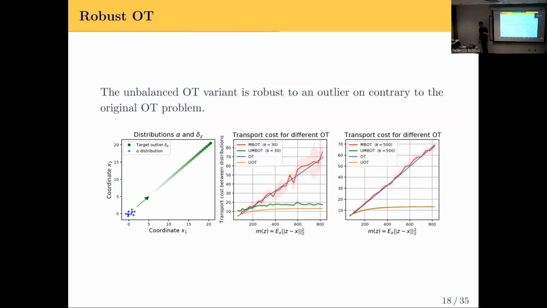But this is not the case for unbalanced optimal transport variants. The reason is that, as it is costly to transport it, unbalanced OT is lazy and just removes it.